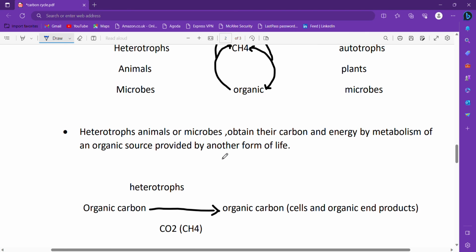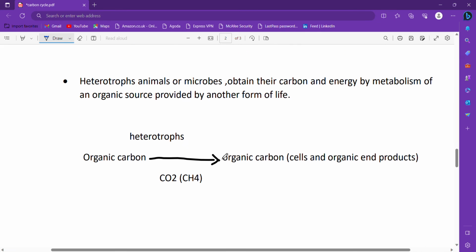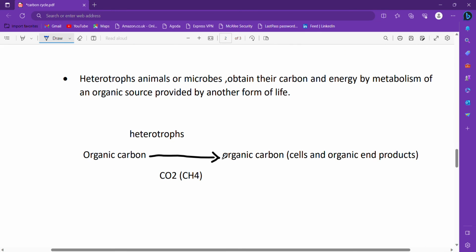by another life. See here, another term is immobilization. Nutrients converted to biomass become temporarily unavailable for nutrient cycling, and that is called immobilization. It means a temporarily unusable form of carbon is called immobilization.